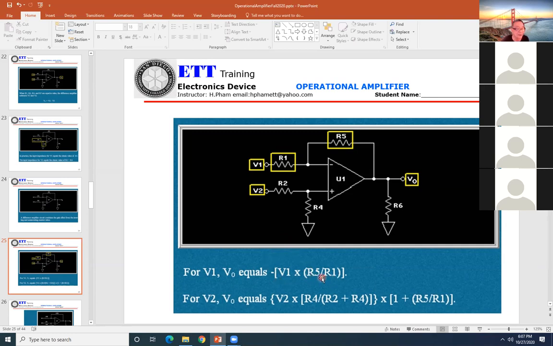That is the gain. However, if you want to calculate for V2, then you have V2 times R4 divided by R2 plus R4. You must get the voltage right here, not here. Then you multiply by the gain. The gain will be 1 plus R5 over R1.